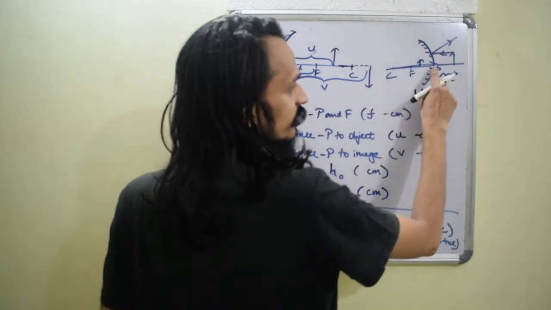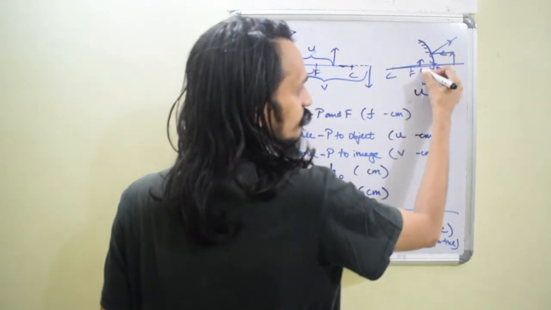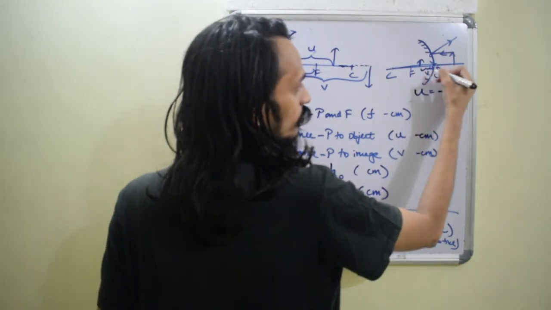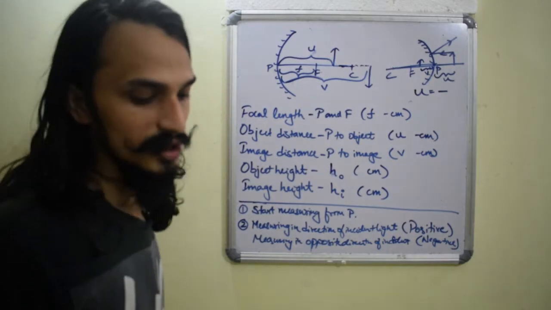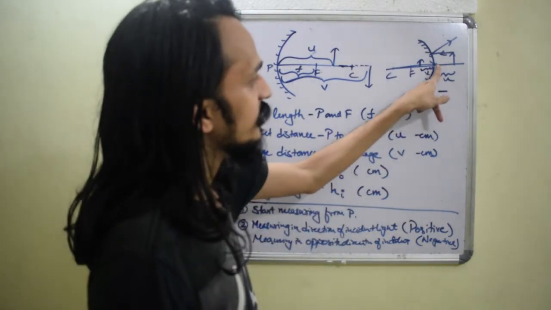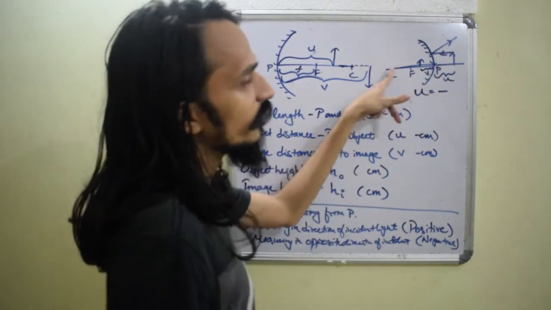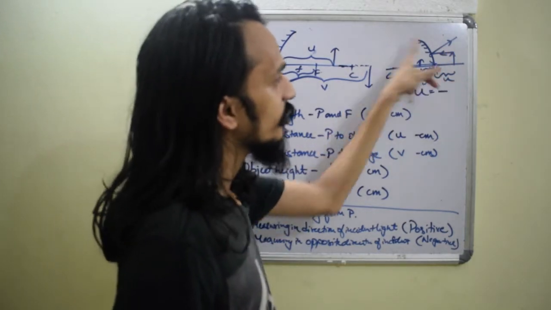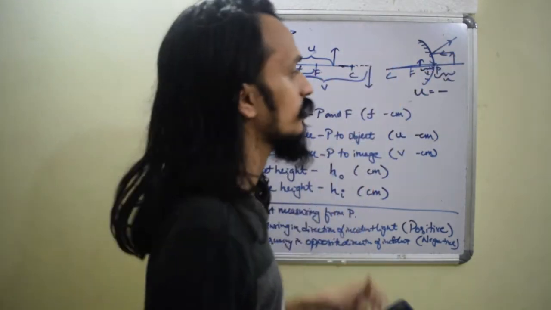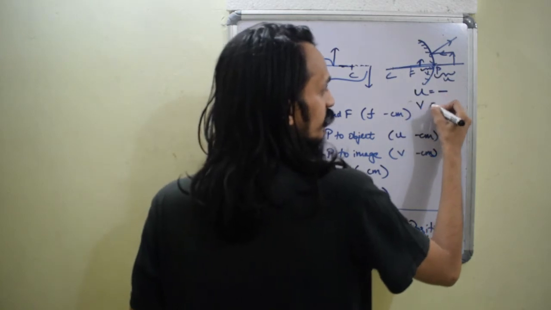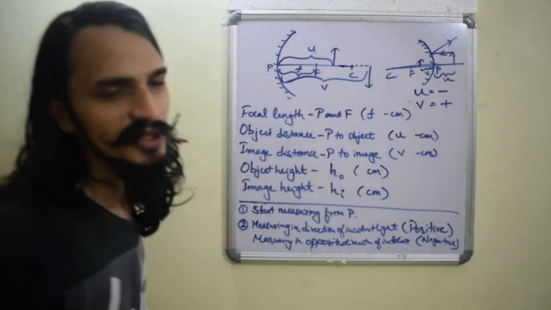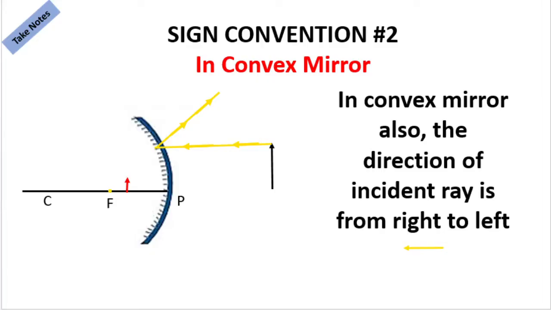But now notice, if I am measuring V, that is basically from P to the image, I will start measuring this direction from right to left, and the light is also coming from right to left, in the same direction. So I will say that V is going to be a positive number definitely.